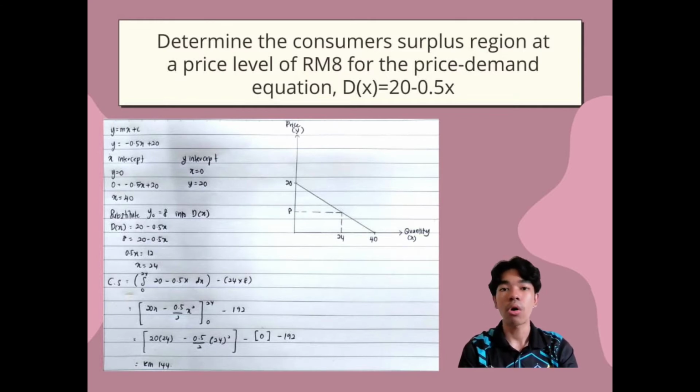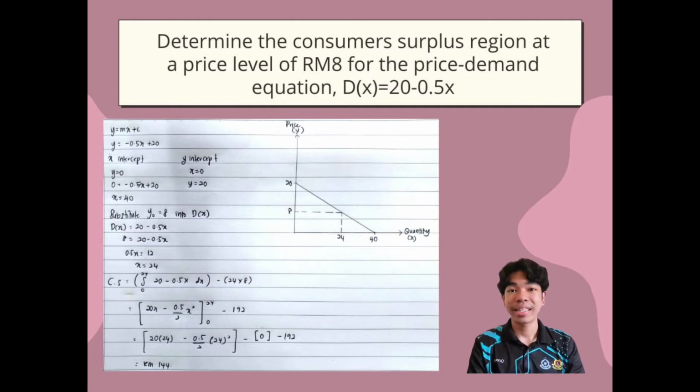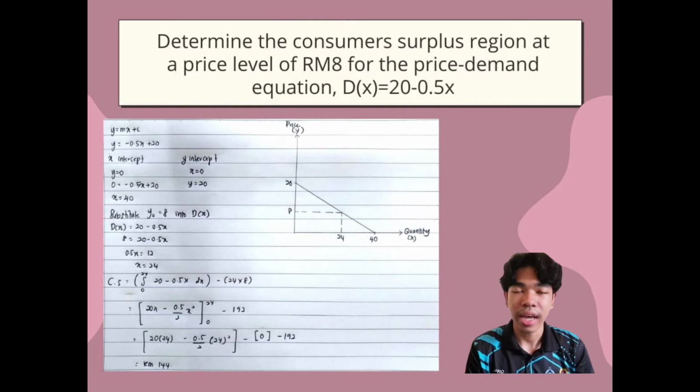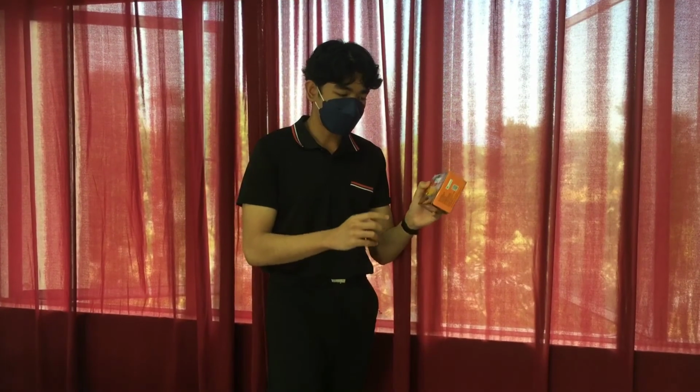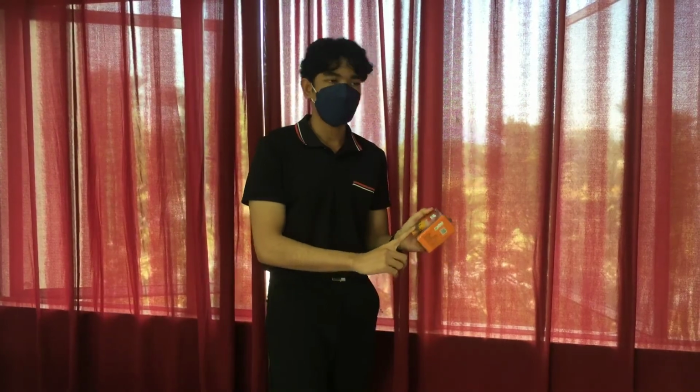Now let's substitute all the information into the consumer surplus formula and it becomes the integral from 0 to 24 of 20 minus 0.5x dx minus 24 times 8, and it becomes 20x minus 0.5 over 2 x squared, from 0 to 24, minus 192, and it becomes RM144. I have applied integration in my daily life.